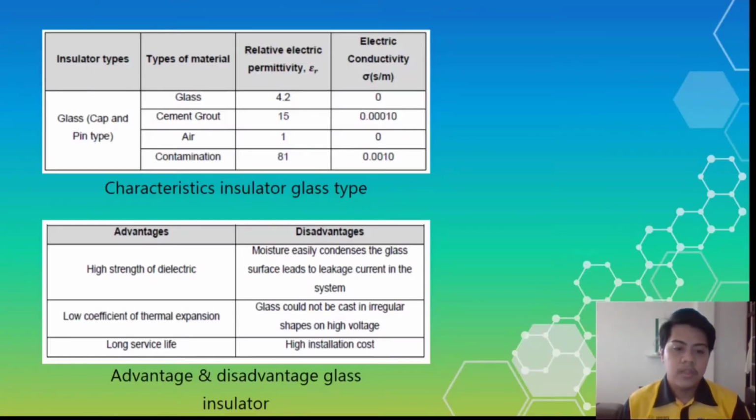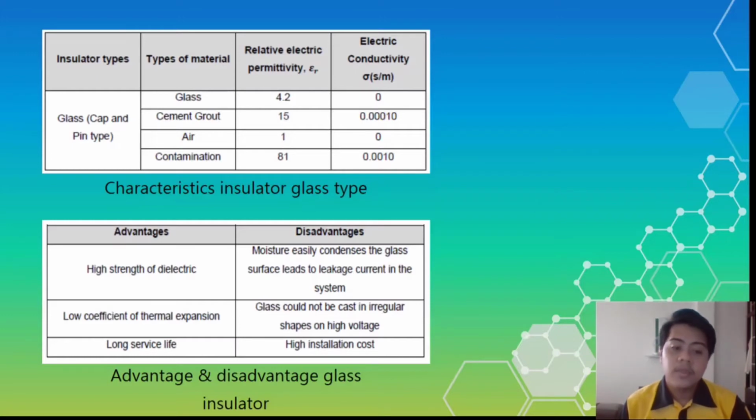So this is the characteristic of the insulator glass type, which is the material used in this insulator is glass with relative permittivity of 4.2 and cement grout 15, permittivity air, and also the contamination set to 81, which is the permittivity of water.